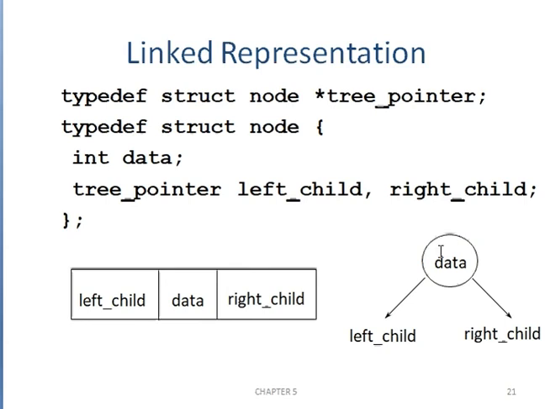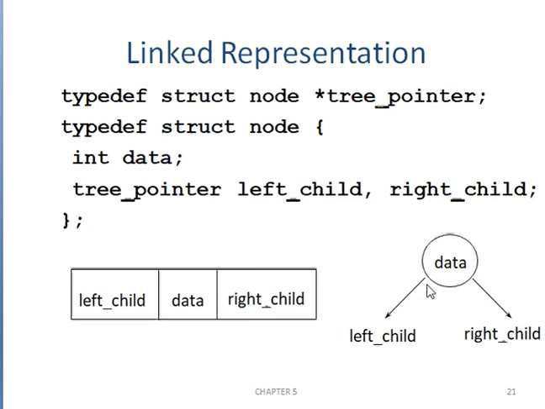Since we want to construct the pointers, the structure of the node for a binary tree would have these 3 pieces of information: data, which is the node element, the value of the node, and the left child. When you're constructing this, this arrow mark shows that it is a pointer.